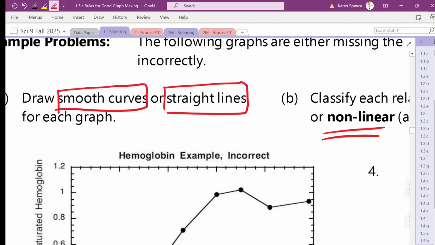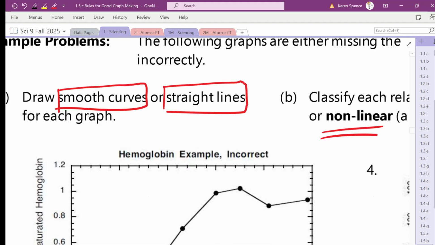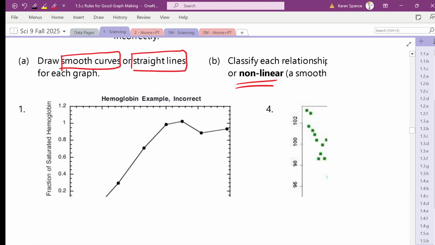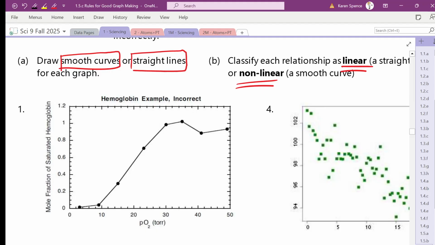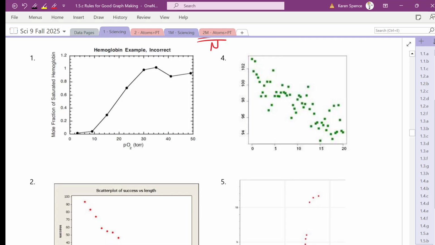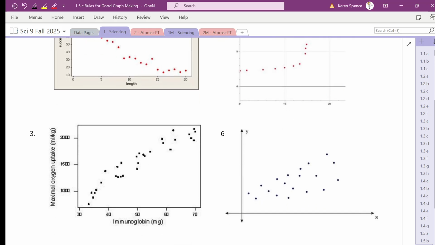And to aid in drawing the straight lines, I will get you guys rulers. Do you want to grab rulers? Yeah, start handing them out and then I'll help you in just a moment. Once you have drawn a smooth curve or a straight line through it, you are going to write it as either linear, you can just put L, or non-linear, you can just write N. Okay, so you're going to do all of these on this page. Give it a try.